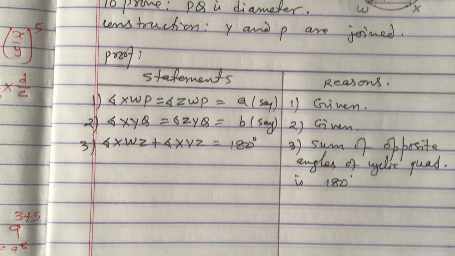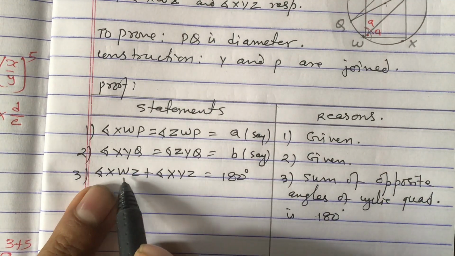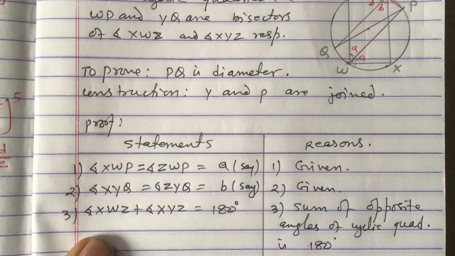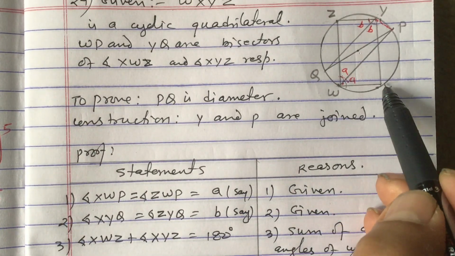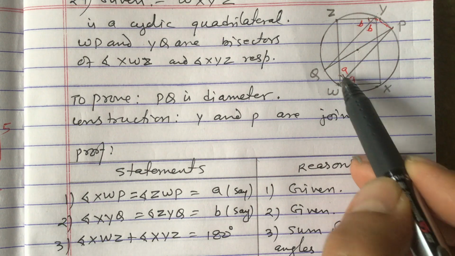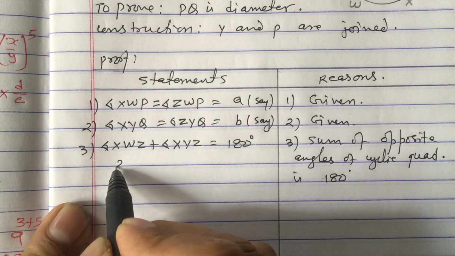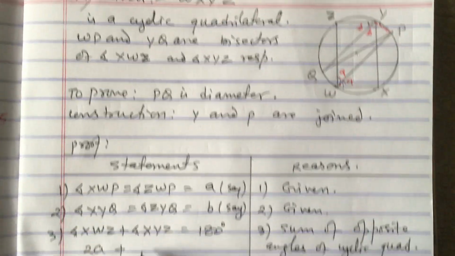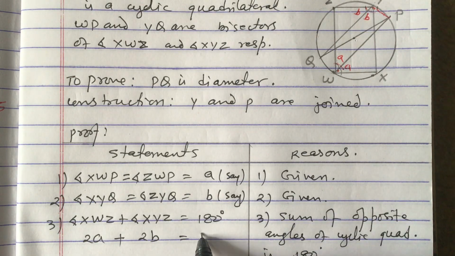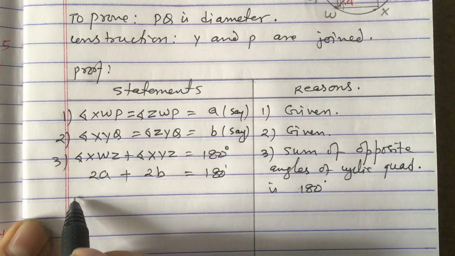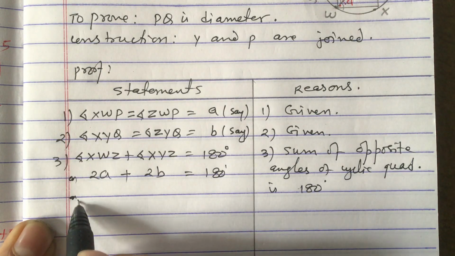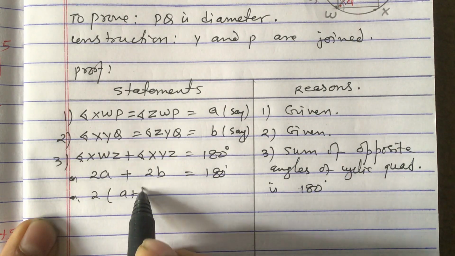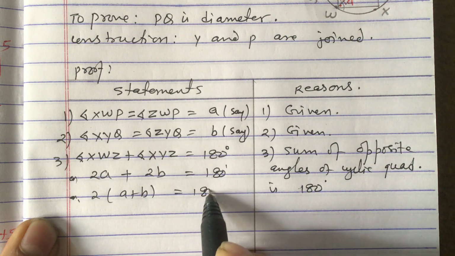Okay, now see, look at here, XWZ, look at figure now. XWZ means what? XWZ means this is A, this is A, 2A. We can put here 2A plus XYZ. XYZ is 2B. 2B is equals to 180 degree. Or we can just simplify 2 common, A plus B equals to 180 degree.